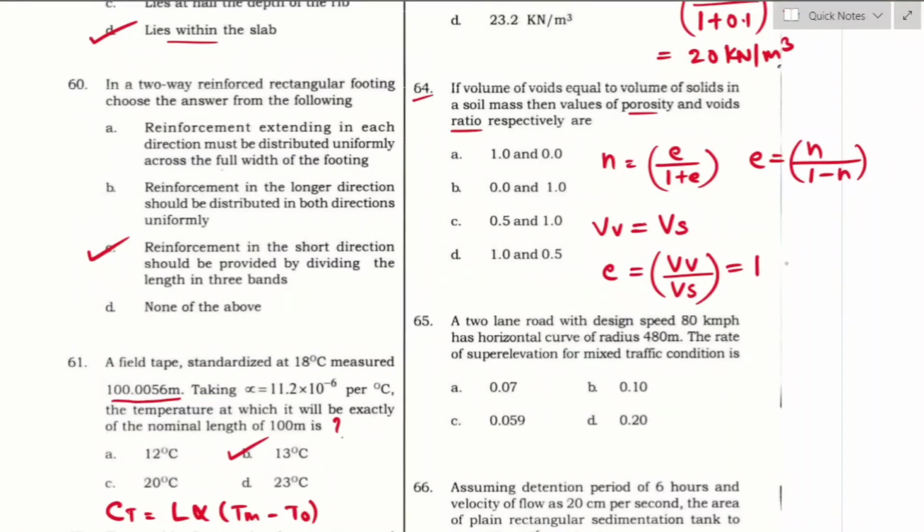So it is equal to 1. Now we can calculate the porosity. 1 divided by 1 plus 1. Porosity will be 0.5. So the right answer is option C. Porosity is 0.5 and void ratio is 1.